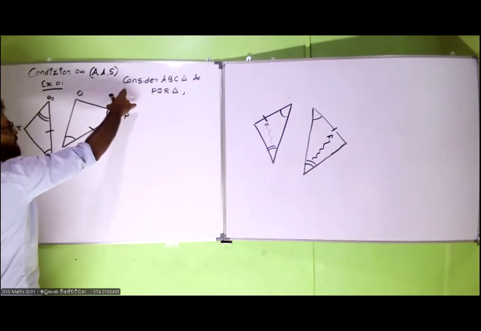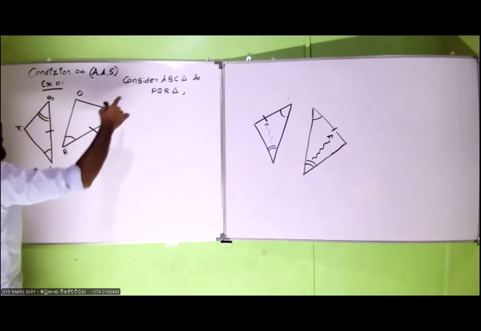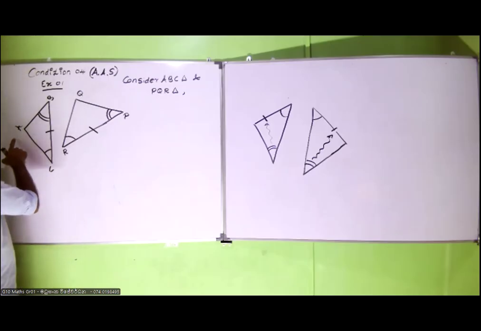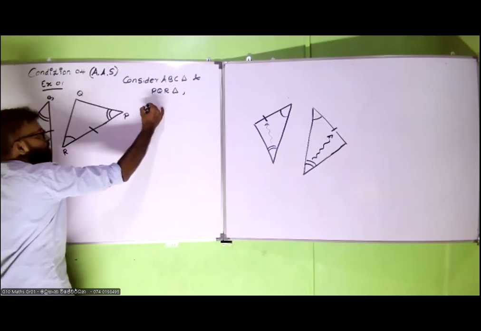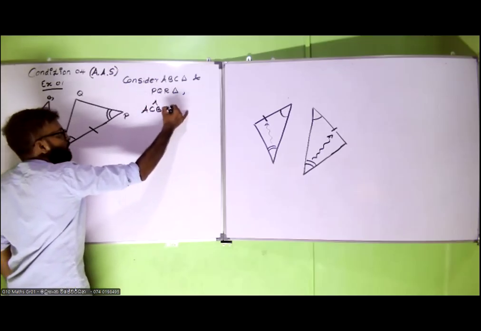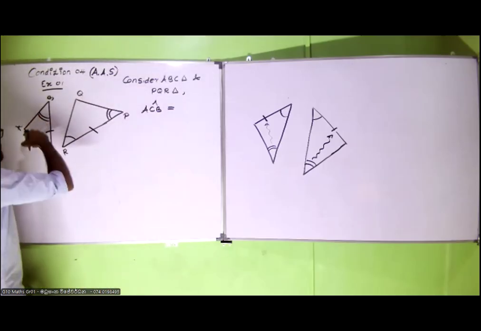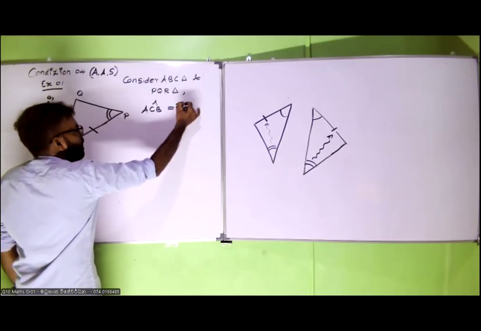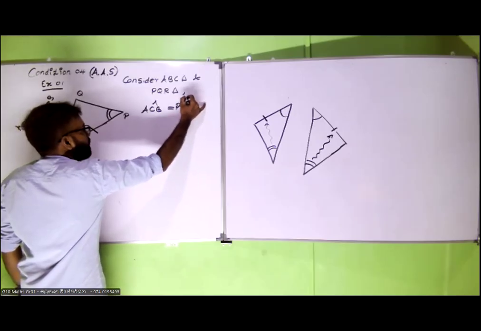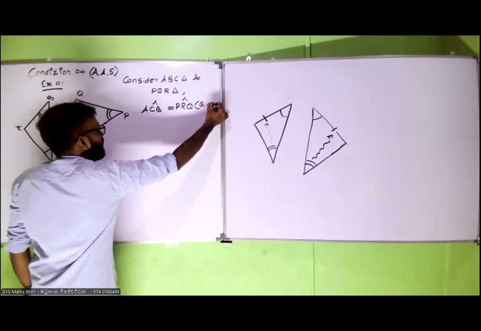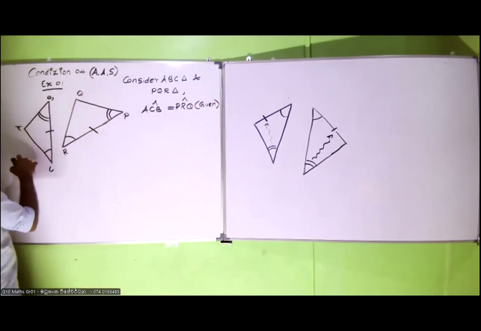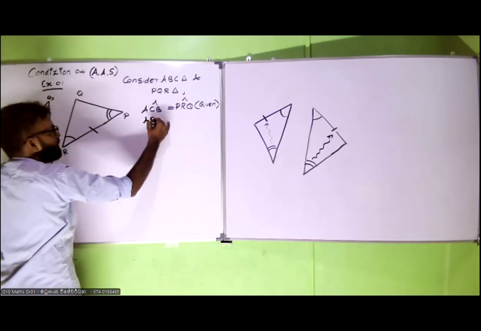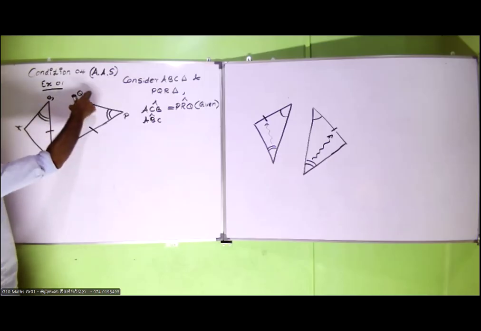Consider triangle ABC and triangle PQR. Angle ACB equals angle PRQ.